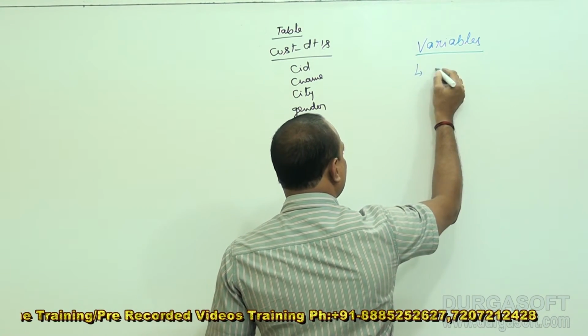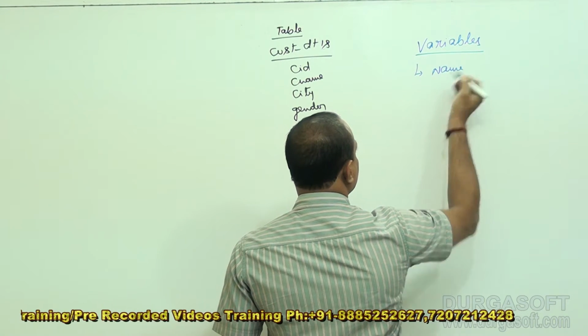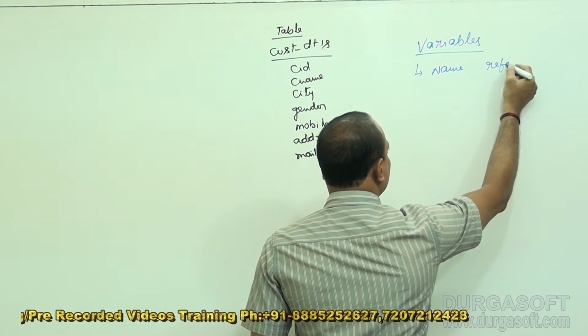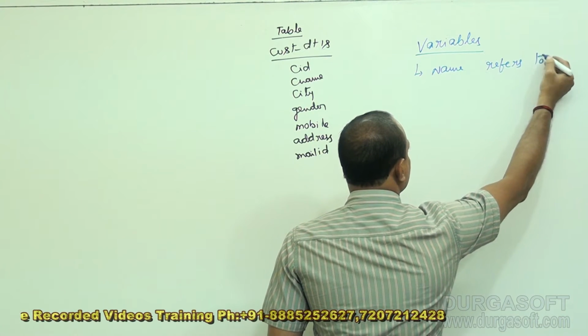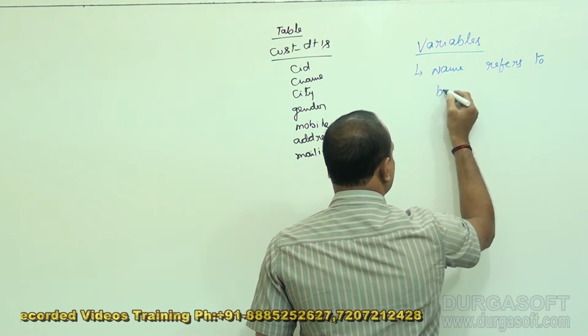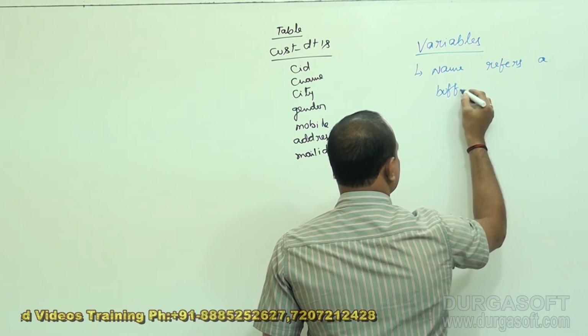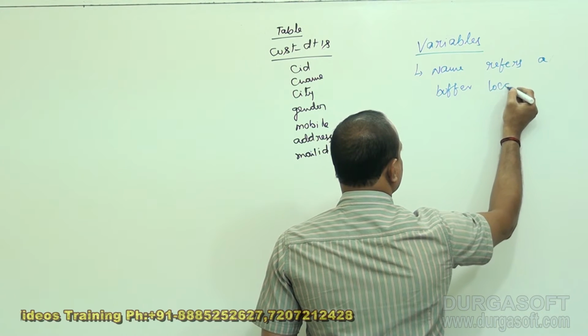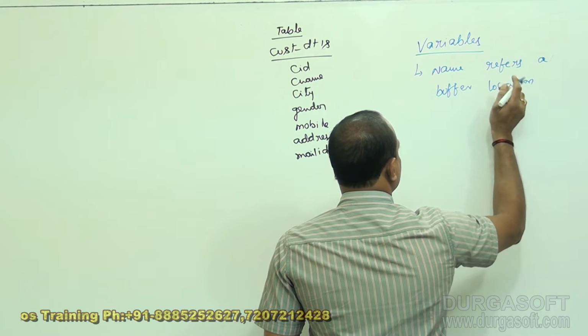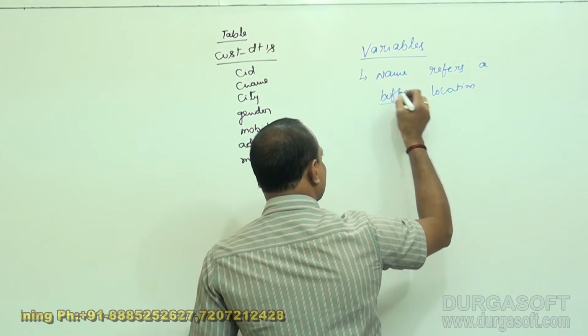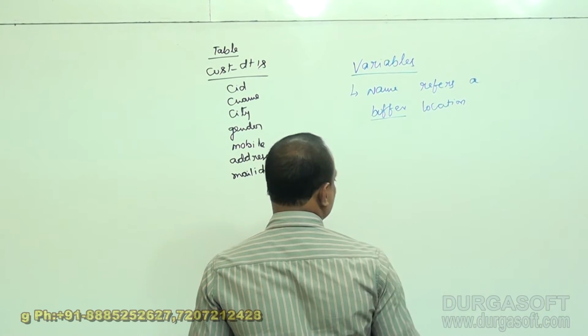A variable is a name which refers to a memory location, a buffer location. In the buffer area related to one name, you can store a value.